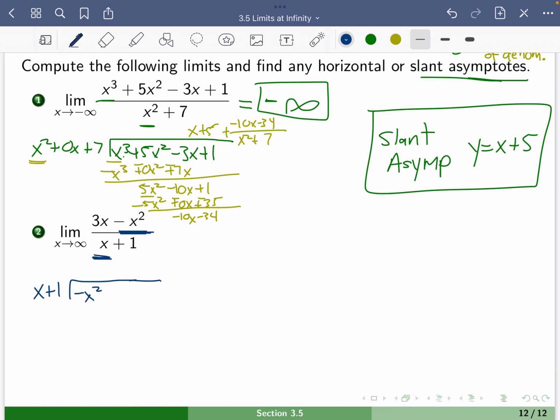Negative x squared plus 3x. So we would need to multiply x by a negative x to get the negative x squared. Change the signs and combine. X now needs to be multiplied by 4 to get 4x. Change the signs and combine.